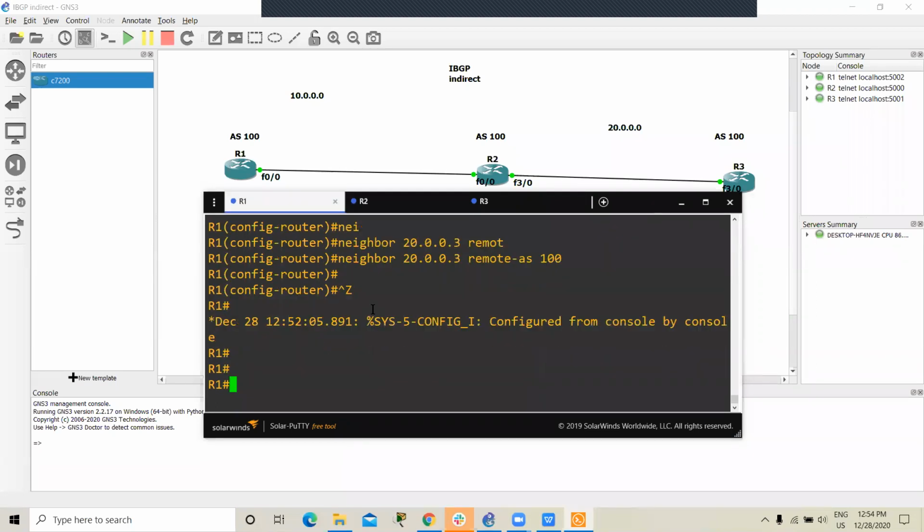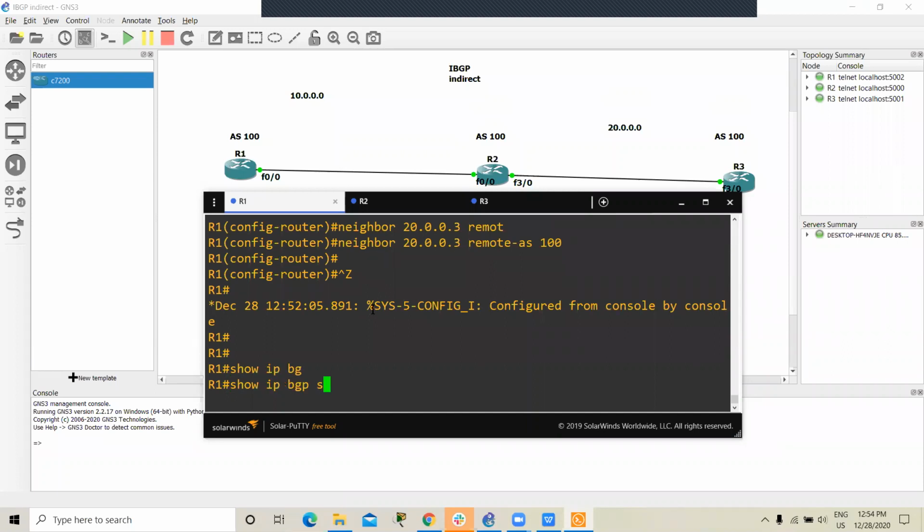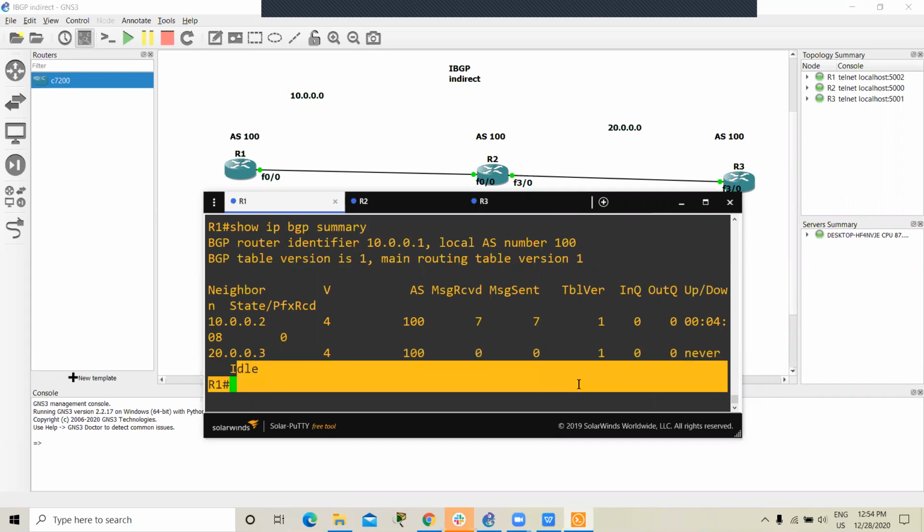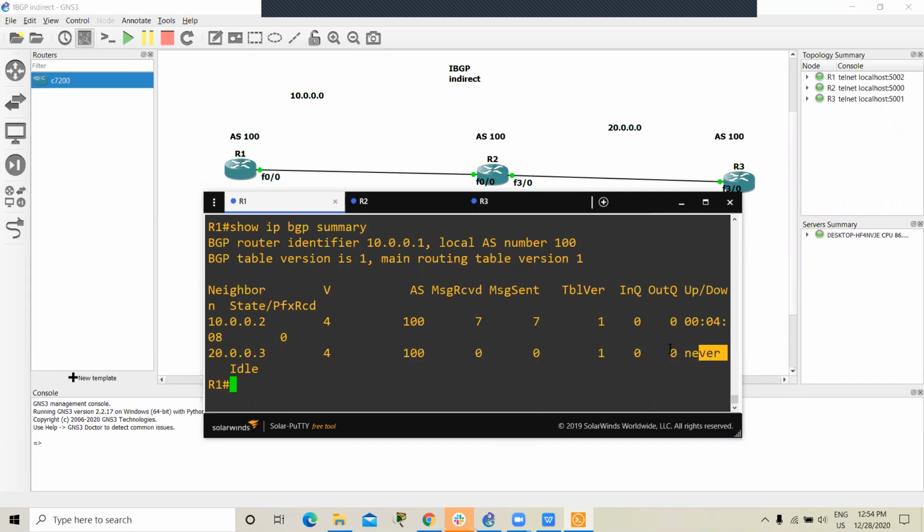And on router 1, only router 2 is our neighbor. This one is the idle state. Idle state means our neighborship is not up.